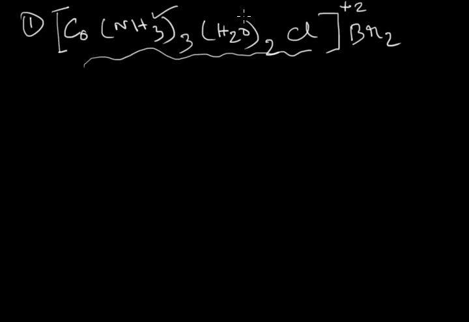NH3 is called amine, H2O is aqua, and Cl minus is also present in the coordination sphere, and its name is chlorido. So 3 ligands are there. First we name the ligands alphabetically.